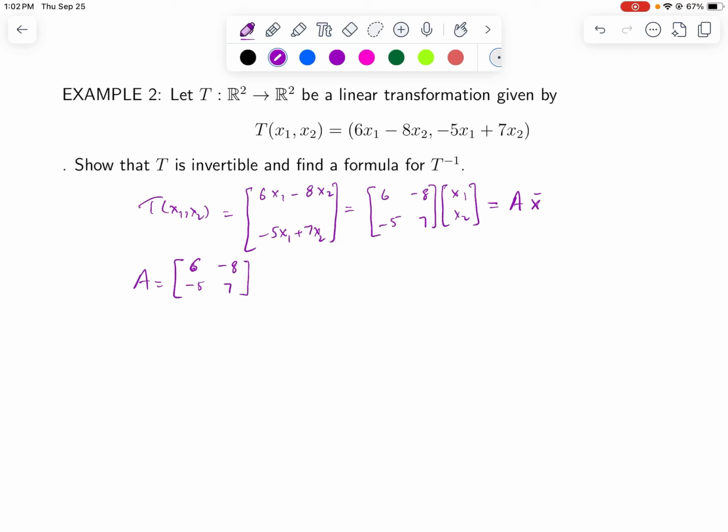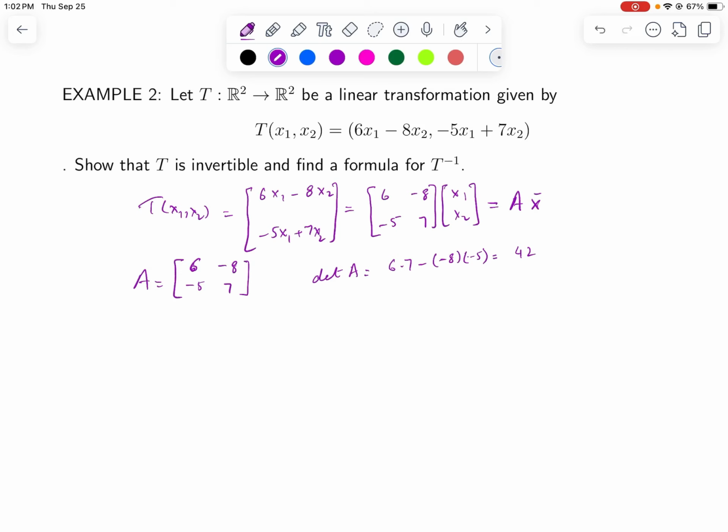So the right hand side can be seen like that. So we can say this is equal to Ax, where A is 6, -8, -5, 7. Okay, now we want to find the inverse of this matrix. If the inverse exists, then it means that T is invertible, and then we have to find the formula for T inverse. How do we check whether the inverse exists in a 2 by 2 matrix?